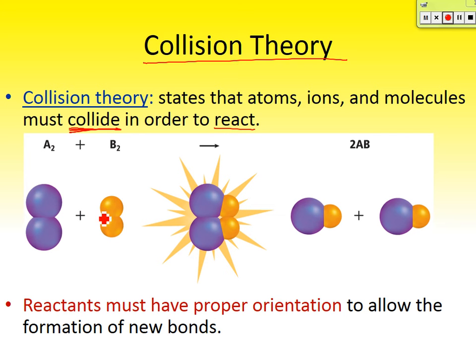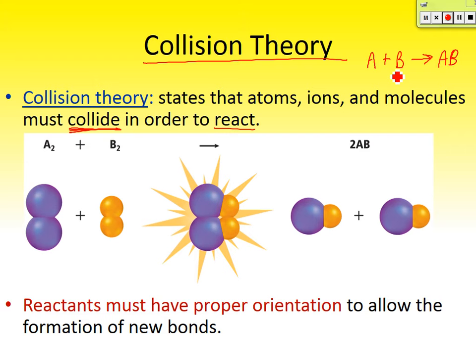There must be a collision between the reactants. And then you can form the product. And so we've got this chemical reaction where A plus B goes to AB. In order for you to form the product AB, A and B must hit each other. They must collide. So that's the first thing, the first step of collision theory.